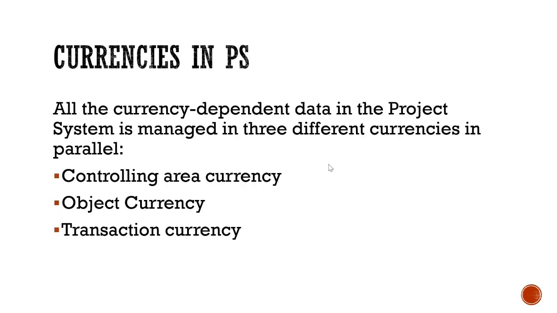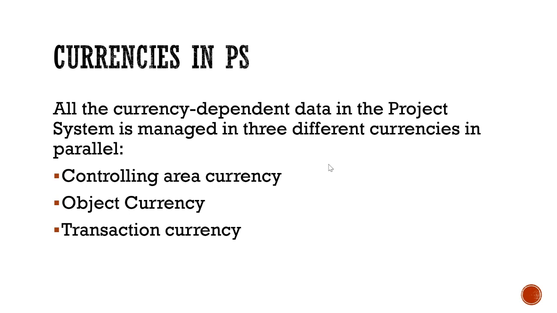If we see next, the topic is about currencies in the project system. There are three types of currencies, which I'll say briefly: controlling area currency, object currency, and transaction currency.